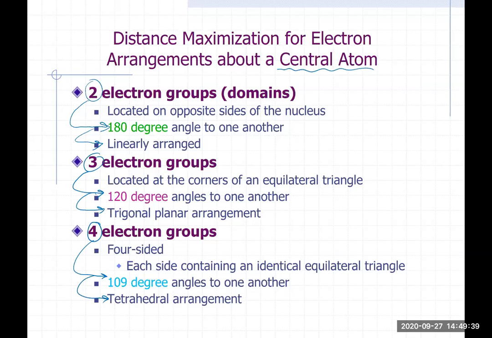You have to commit this to memory. So again, 2 electron groups, 180 degrees, linear. 3 electron groups, 120 degrees, trigonal planar. 4 electron groups, 109-degree bond angles, tetrahedral.